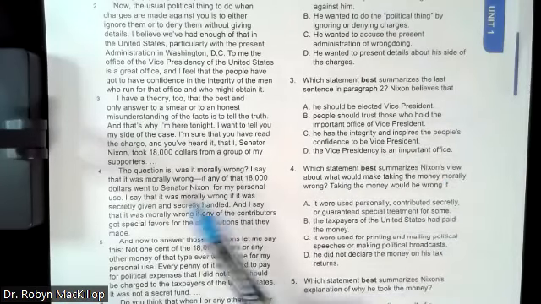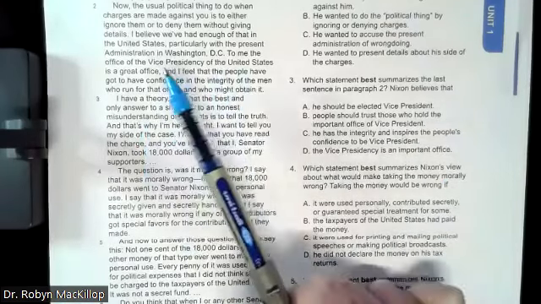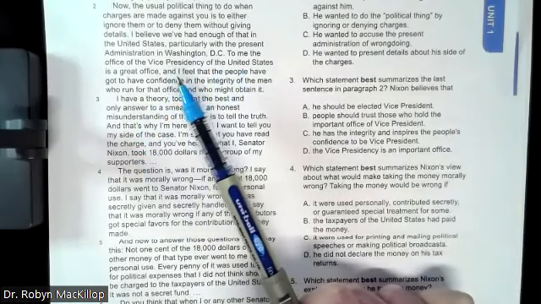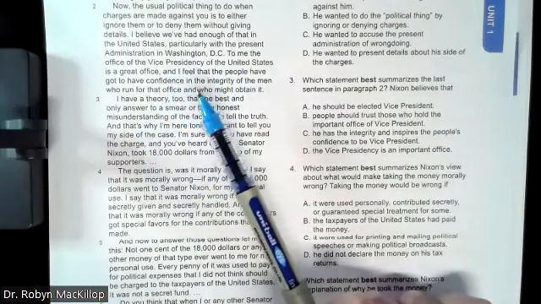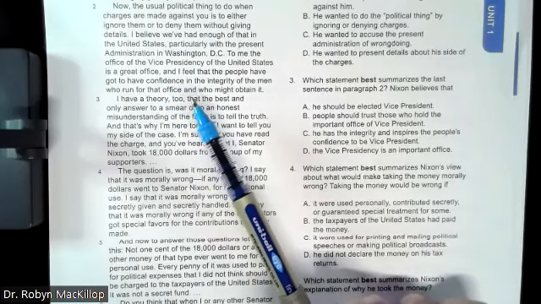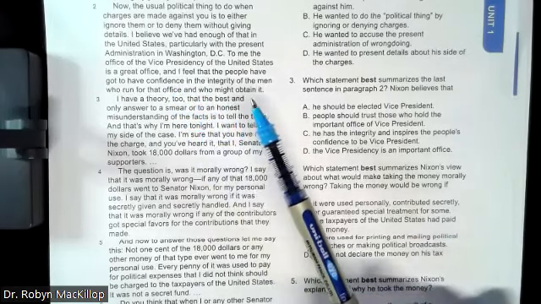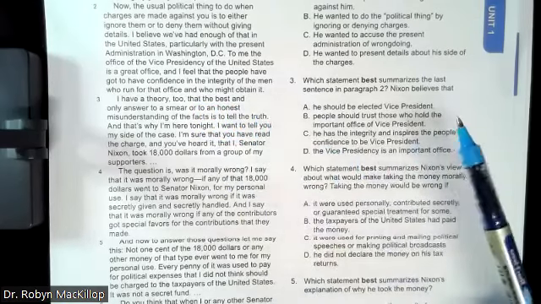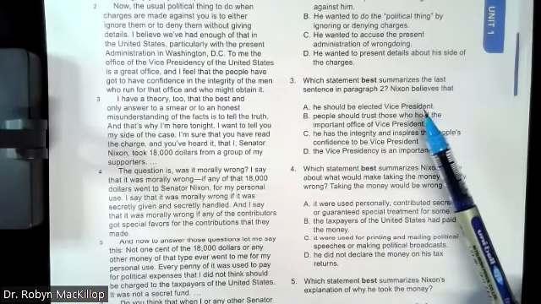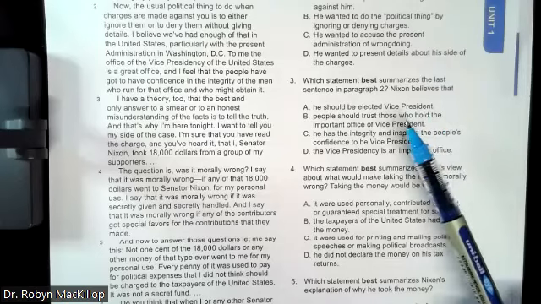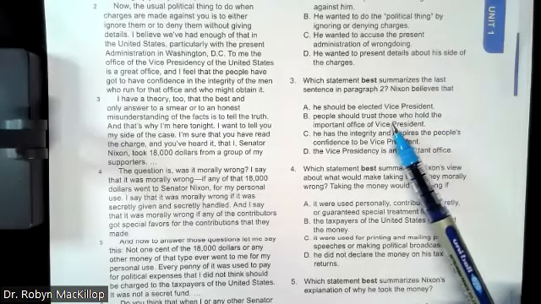And that would be, to me, the office of the vice presidency is a great office, and I feel that the people have got to have confidence in the integrity of the men who run for that office and who might obtain it. So does Nixon believe that he should be elected vice president? That people should trust those who hold the important office of vice president?